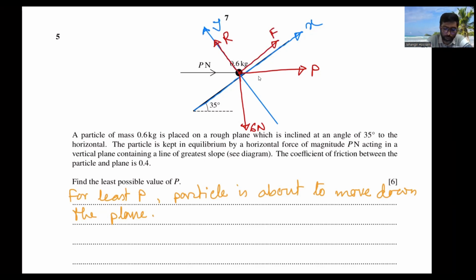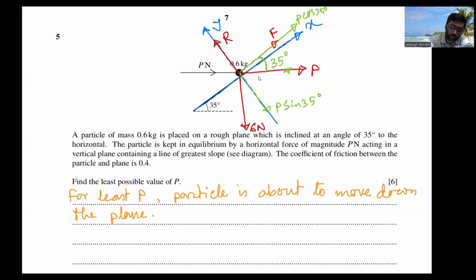Now let's resolve the forces which are not acting directly along the axes. These forces are P Newton and 6 Newton. To resolve P Newton, you see it makes an angle of 35 degrees. The result is this component along the x-axis will be P cos 35 and the component along the y-axis will be P sin 35.